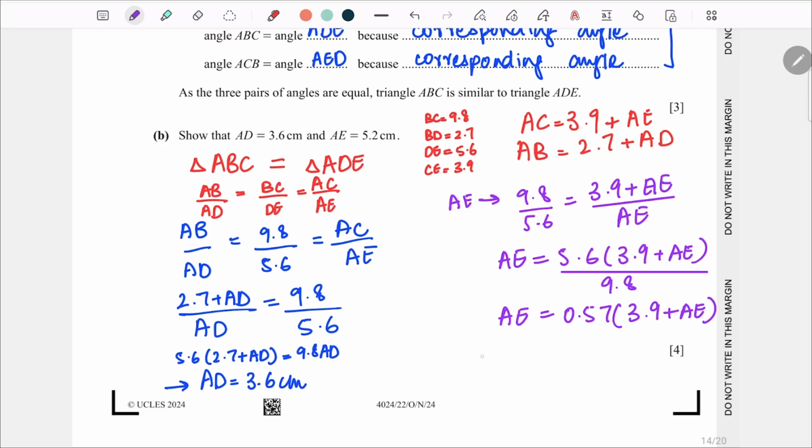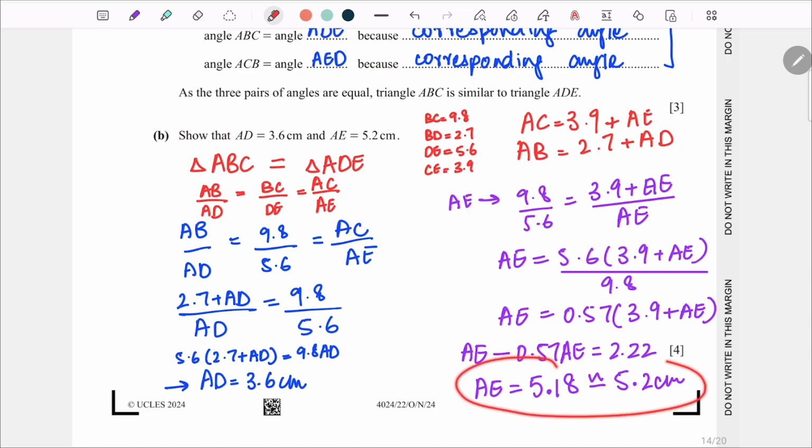When I simplify this, I'm going to be getting AE minus 0.57 AE is equal to 2.22, and so AE will be equal to 5.18, which is approximately equal to 5.2 centimeters. This is what I had to prove in the question, that AE is equal to 5.2, and this is what I'm getting as my answer.